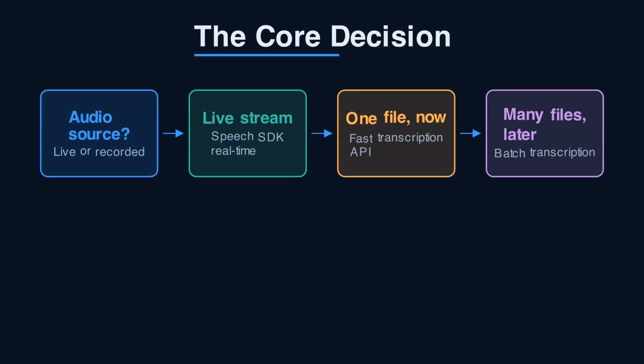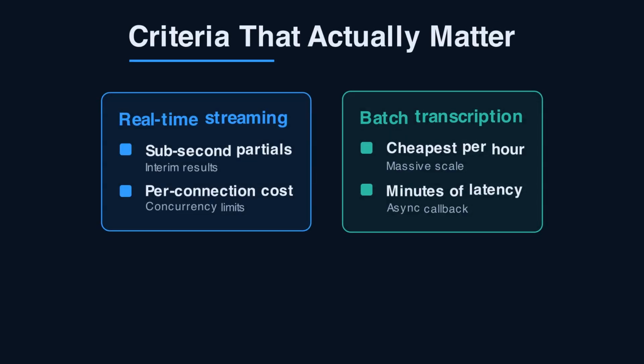Four criteria drive the choice. First, latency. Real-time streaming gives you interim hypotheses in a few hundred milliseconds. Batch can take minutes. Second, audio source. Streaming accepts a live microphone or push stream, while batch and fast transcription need a finished file or a blob URL.